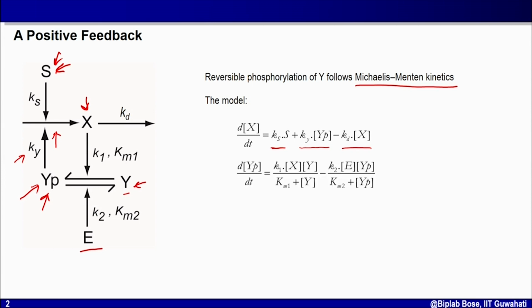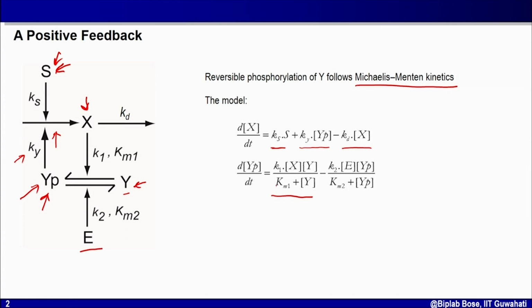Now for the YP, dYP/dt is equal to a combination of two Michaelis-Menten kinetics formulations. The first one, K1 into X into Y. X is the enzyme, Y is the substrate which is getting phosphorylated to YP.